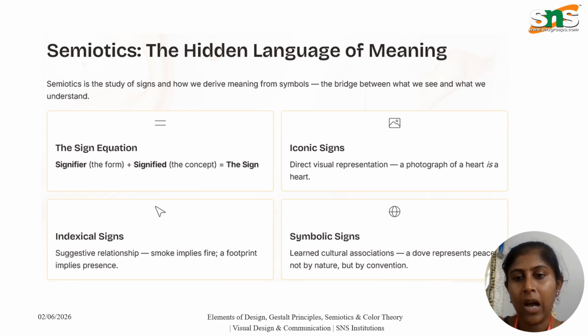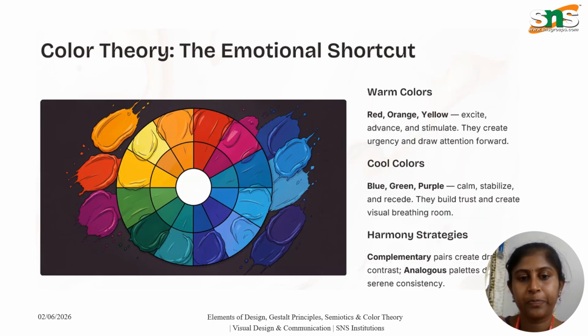For example, a heart icon represents love. A symbolic sign does not naturally resemble its meaning. Instead, people learn its meaning through culture and society. Examples include traffic symbols, company logos, and national flags. Designers use semiotics to communicate messages without using many words.